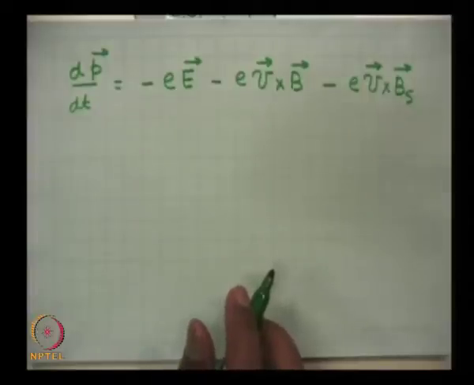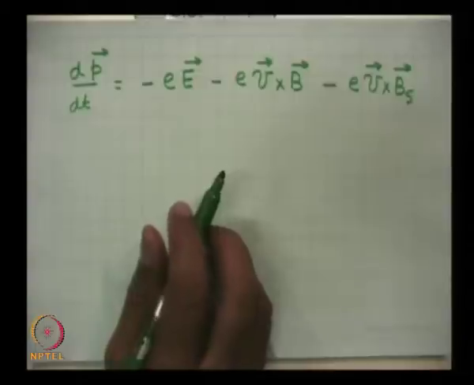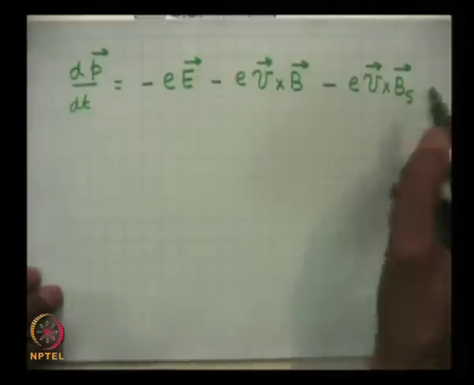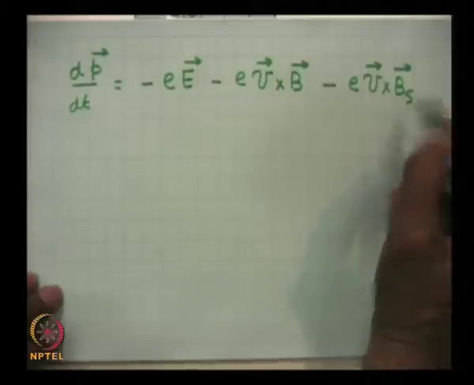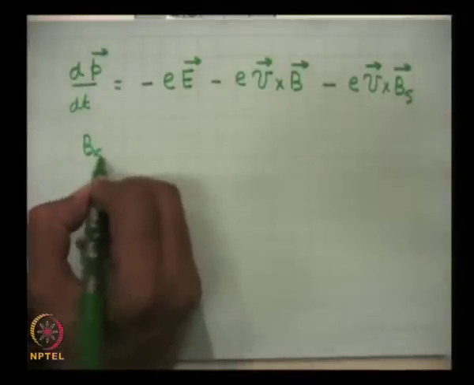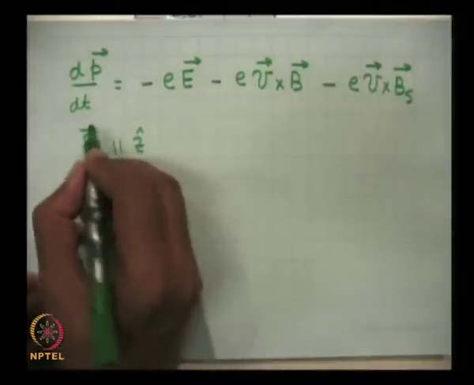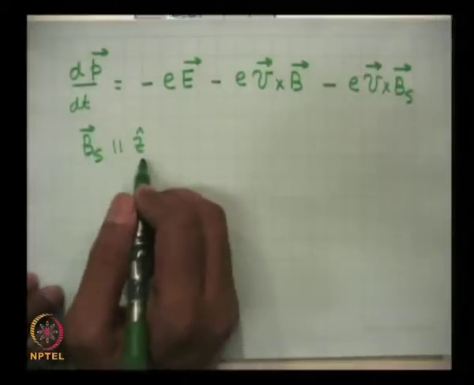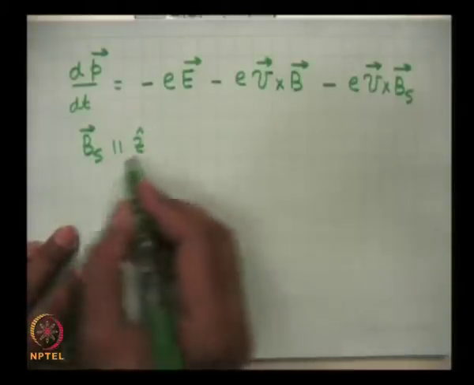To make mathematics simpler, I will presume that this guide magnetic field that I have applied is so strong that it does not allow, because B_s I have chosen to be parallel to z axis and I chose this to be very large, it does not allow the electron to travel perpendicular to the lines of force.